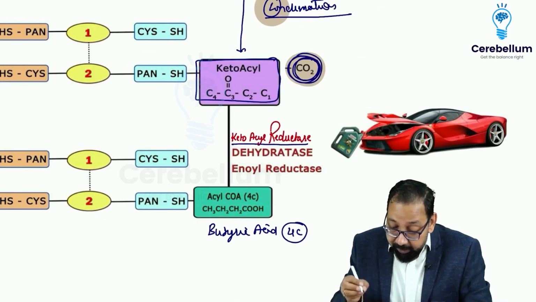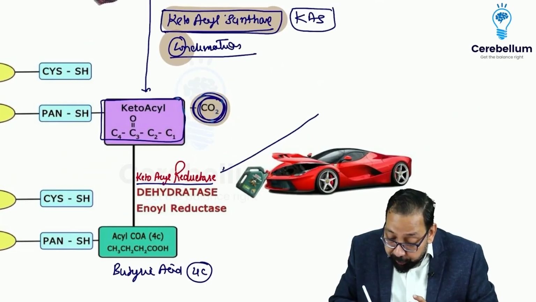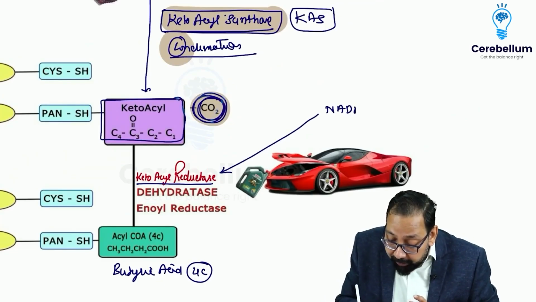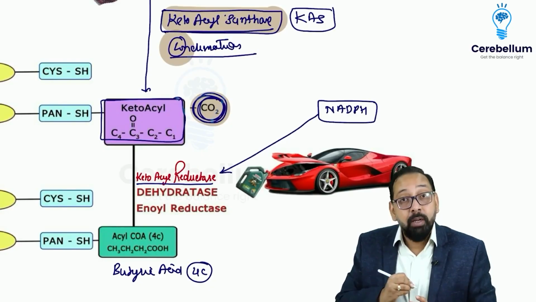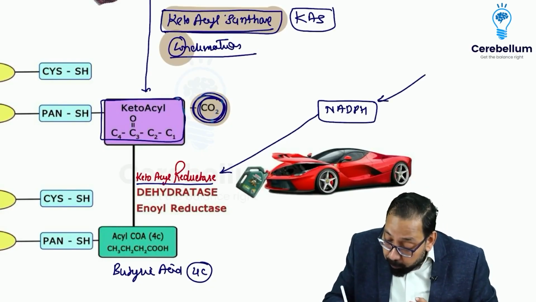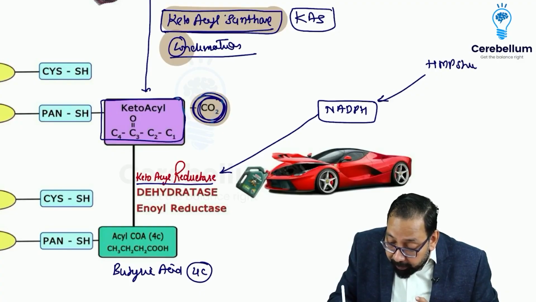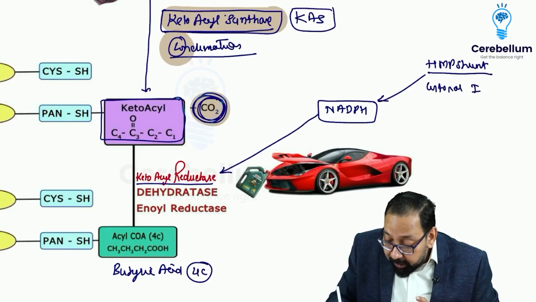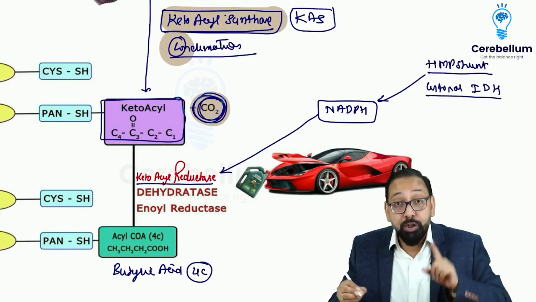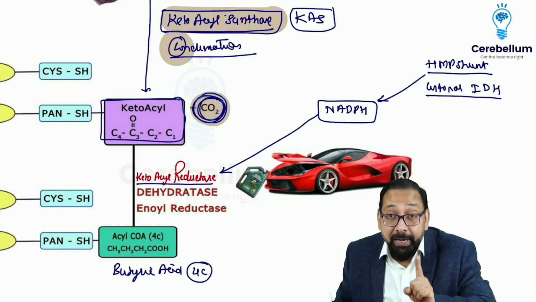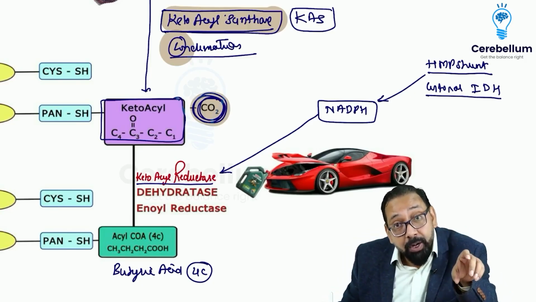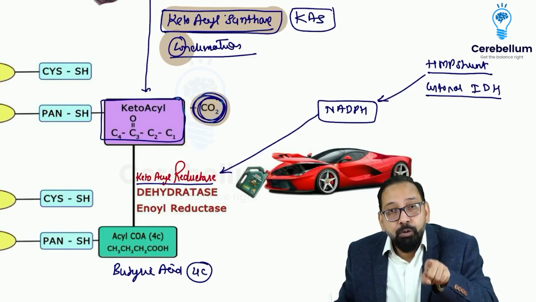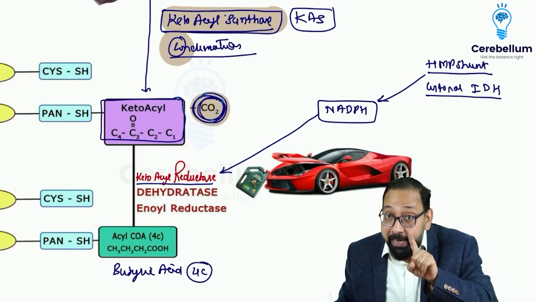Ketoacyl reductase, and you know wherever reduction is required you use NADPH, and this NADPH comes from the HMP shunt, a frequently asked question, and cytosolic isocitrate dehydrogenase. Point it out. If isocitrate dehydrogenase is present in mitochondria in the Krebs cycle, it produces NADH.